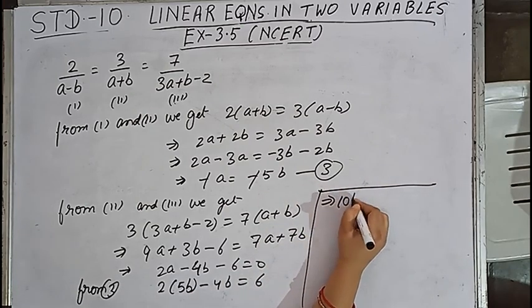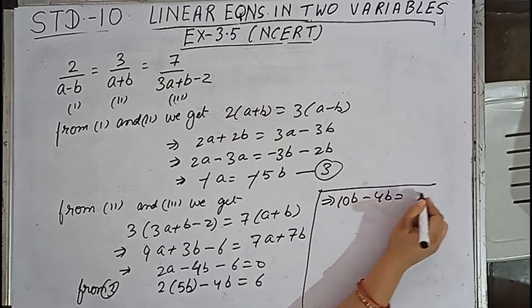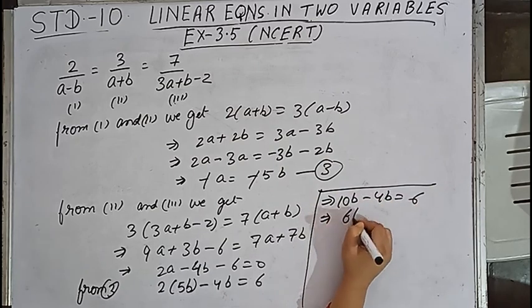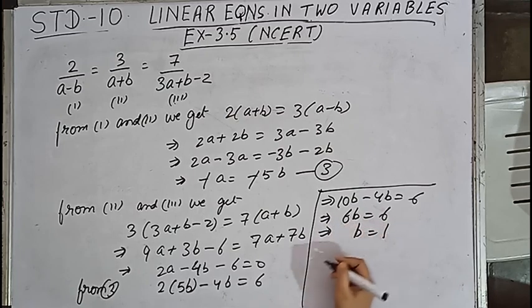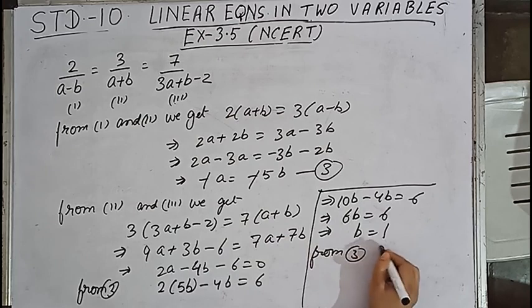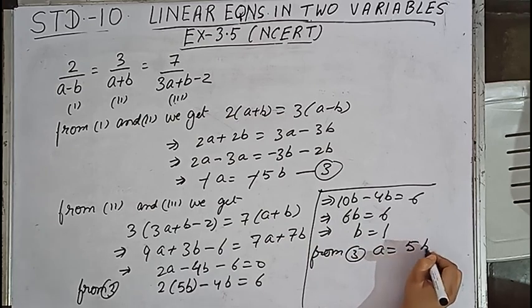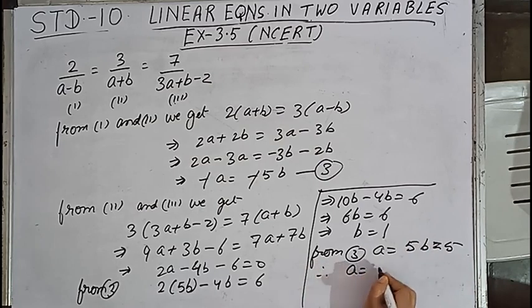This implies 10b - 4b = 6. This implies 6b = 6, so b = 1. And from 3, a = 5b = 5. Therefore a = 5 and b = 1. Answer.